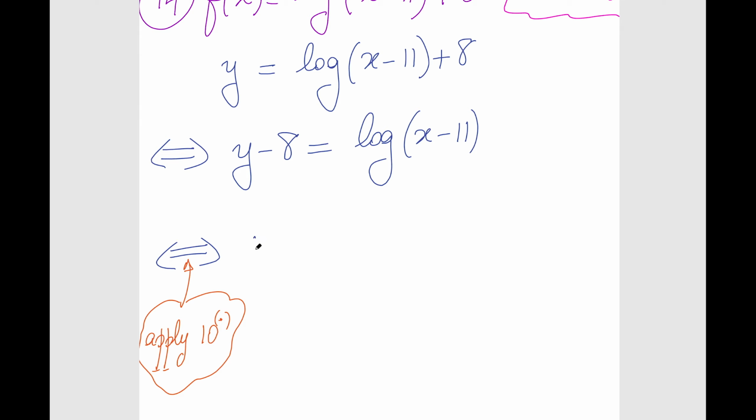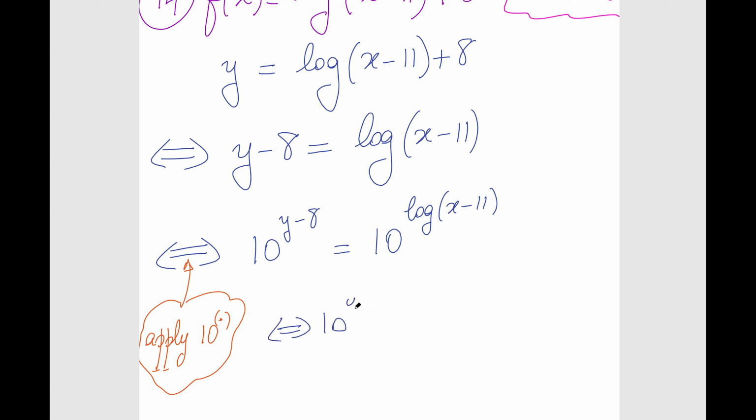As such, I get 10 to the power y minus 8, because I'm applying the exponential function with base 10. So I get 10 to this power equals 10 to the power log base 10 of x minus 11, right? Now what is that? The exponential function with base a back to back with the log function base a, neutral action, left over is x minus 11.